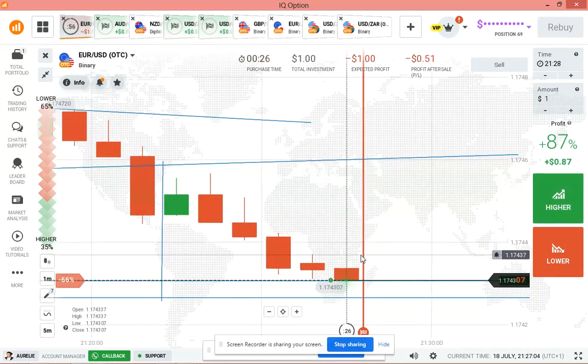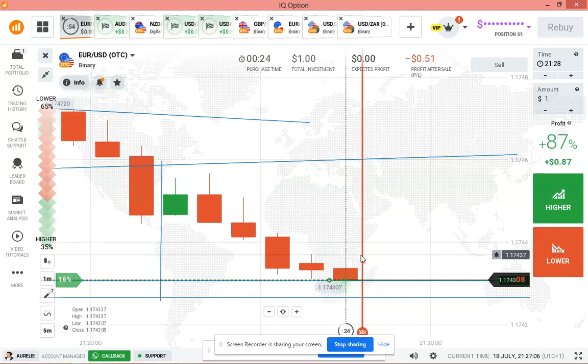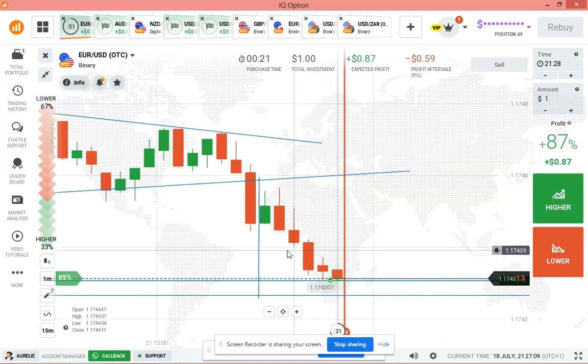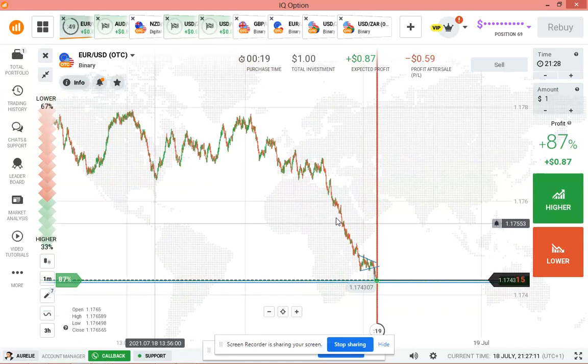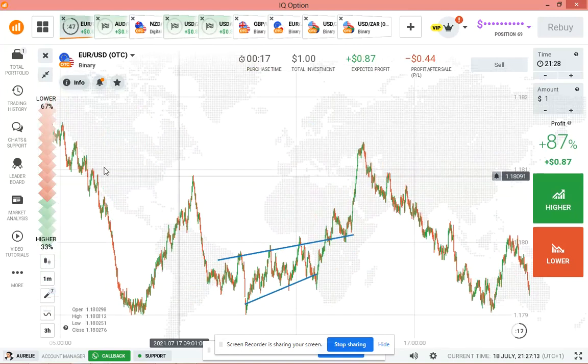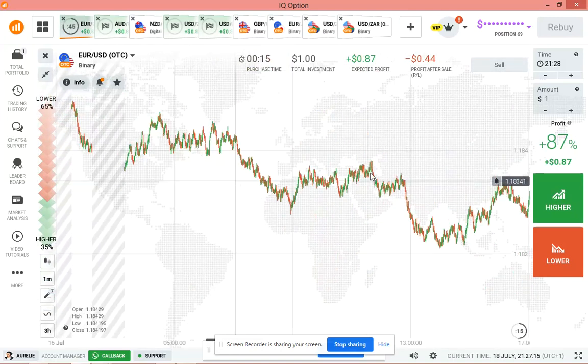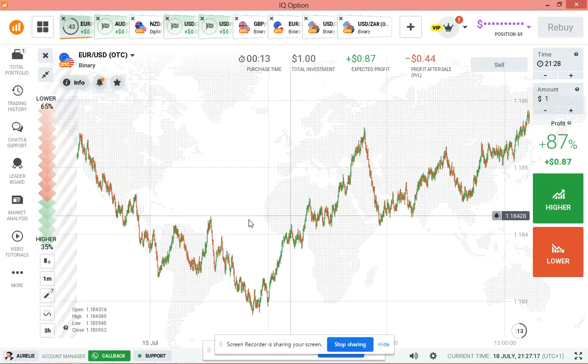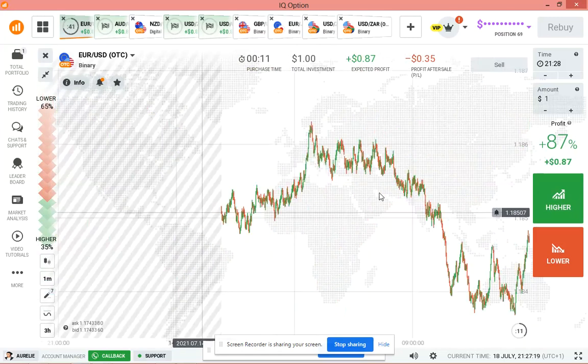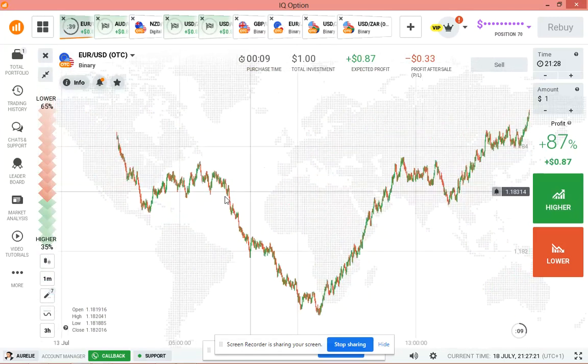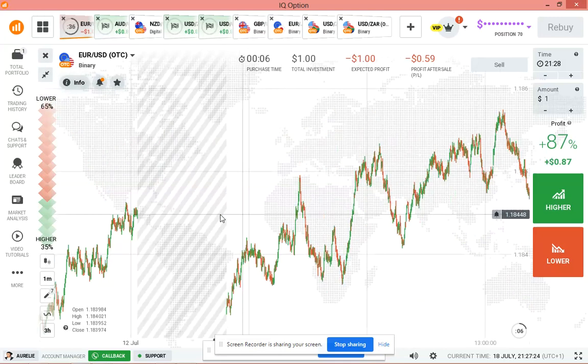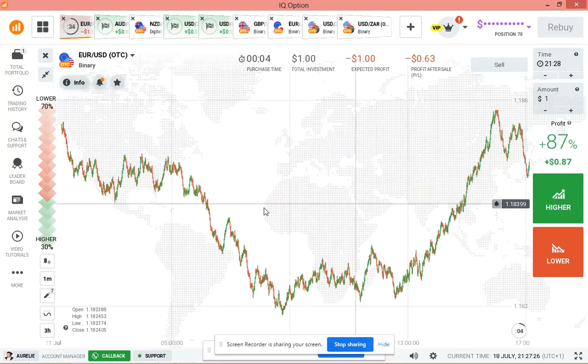Okay, I think the market has now touched the level. Let me check even on the left side. Maybe the level is correct. This is not good.